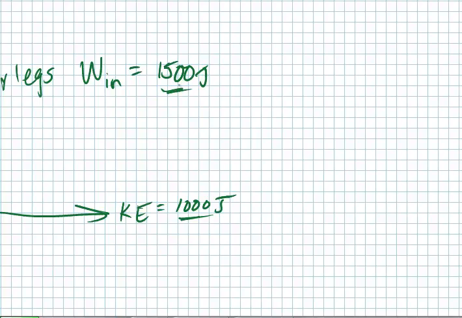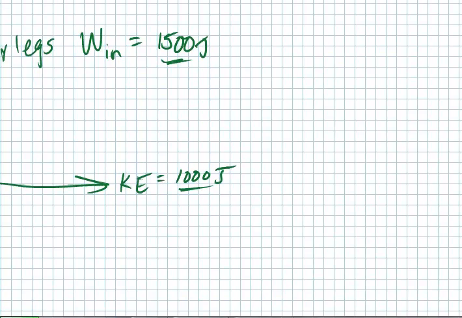So a simple question to answer would be, how much of that energy is wasted? I put in 1,500, I only get 1,000 worth of stuff done, so that would mean 500 of it is wasted. If I want to know the percent efficiency of this, I take the output, 1,000, divided by the input, 1,500, times 100.